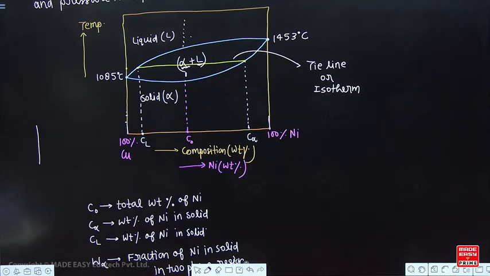Each of these lines is known as a tie line or isotherm.